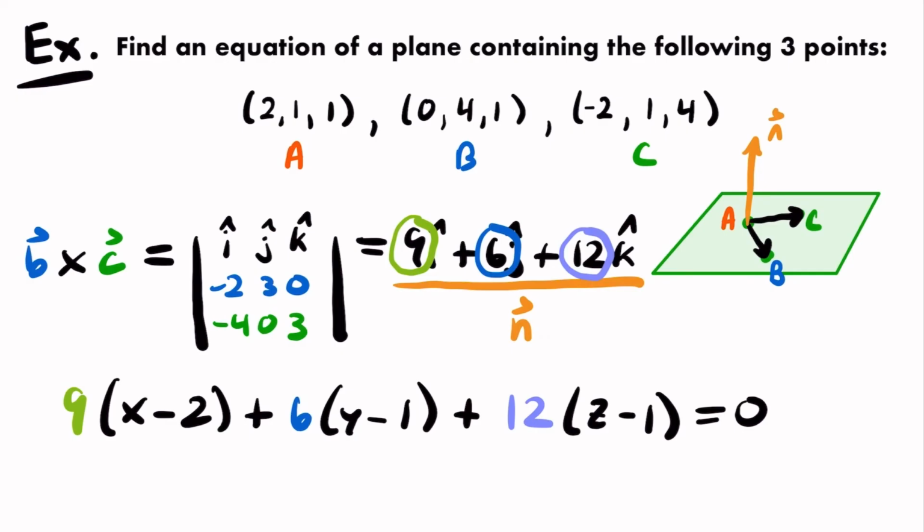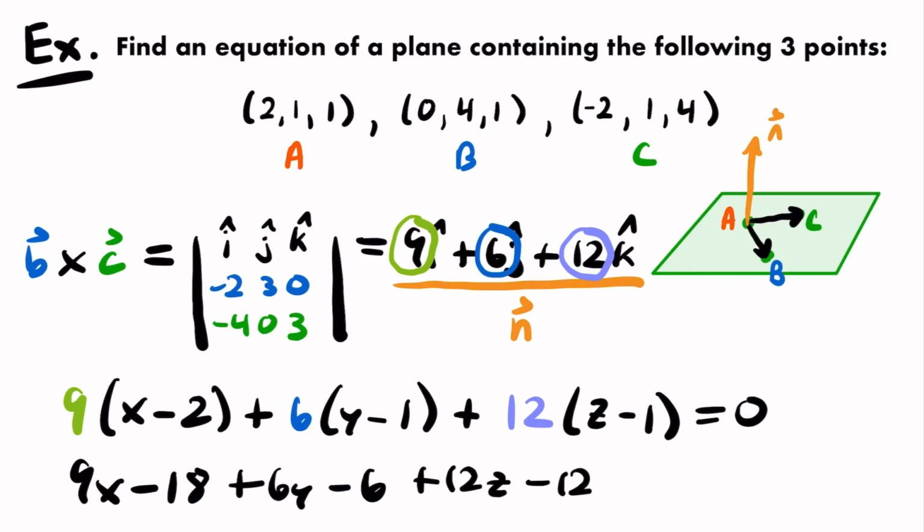All right, now simplifying, we'll have 9x minus 18 plus 6y minus 6 plus 12z minus 12, and that's equal to 0. I just distributed 9 through this quantity, 6 through this quantity, and 12 through this quantity. Now what we have to do to simplify is move all of the constant terms over to the other side of the equation. So we're going to add 18, 6, and 12 to both sides.